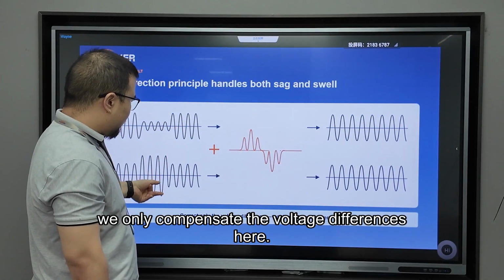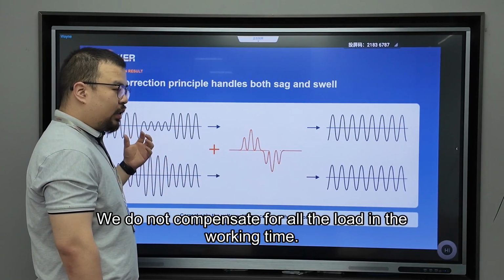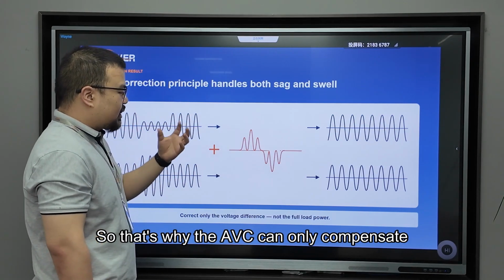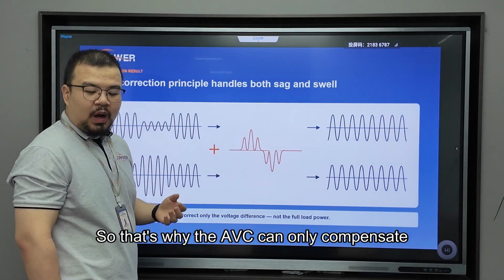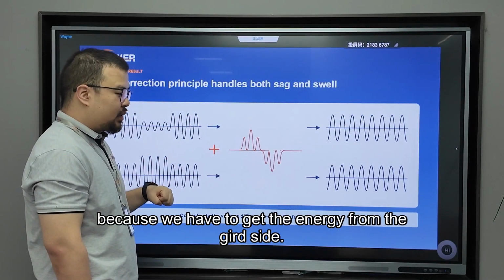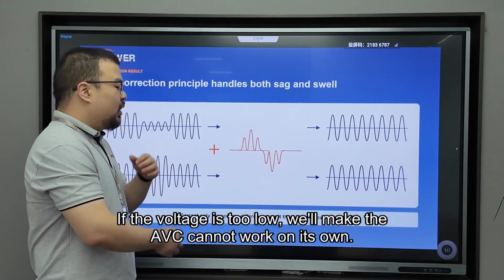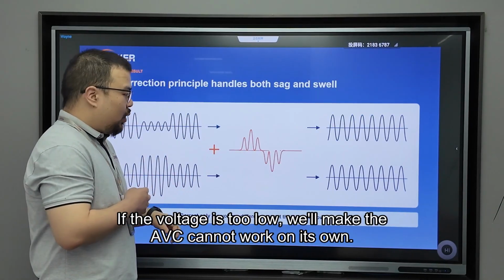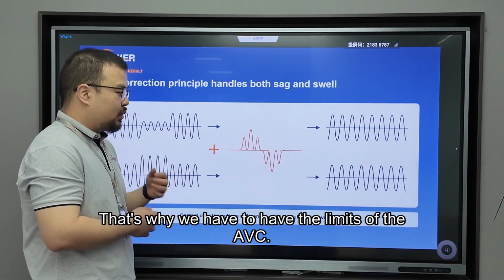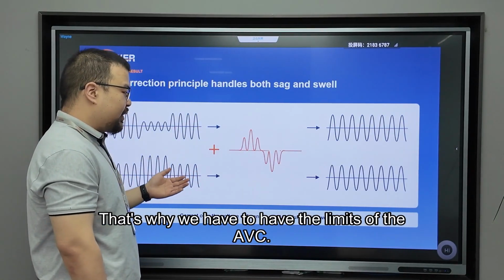We do not compensate for all the load during working time. So that's why the AVC can only compensate for 30% sag or swell, because we have to get the energy from the grid side. If the voltage is too low, the AVC cannot work on its own. That's why we have limits on the AVC.